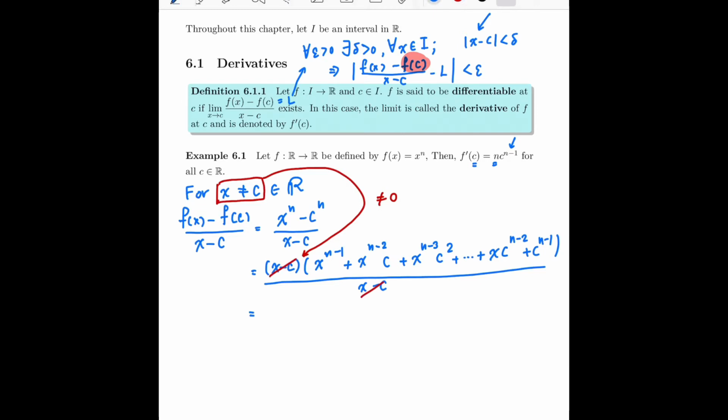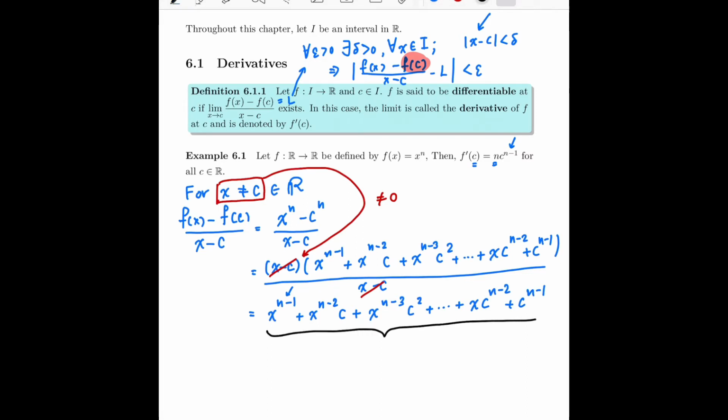What you have left is all the factors that you factored out, starting from x^(n-1), then x^(n-2)c, up to c^(n-1). You start from x raised to the power n - 1 up to x to the power 1, and actually you have x raised to the power 0 at the end.